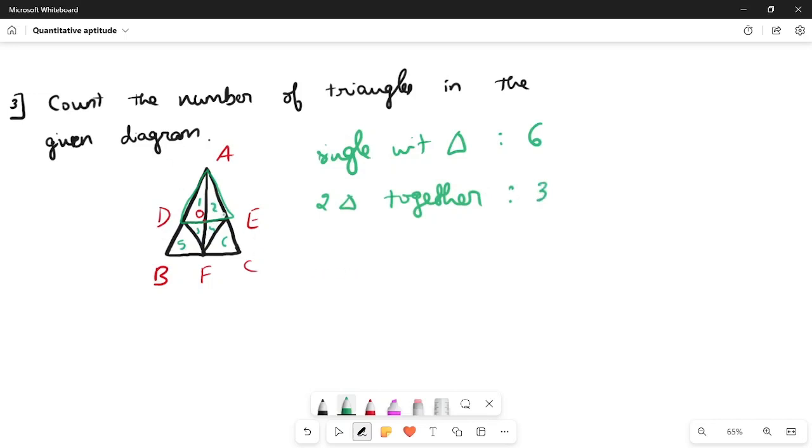And then I'll consider this 1, 3 and 5. So this is one triangle. And then I can even consider 2, 4, 6, these all 3 together. So three triangles together, I'm getting 2 such triangles.